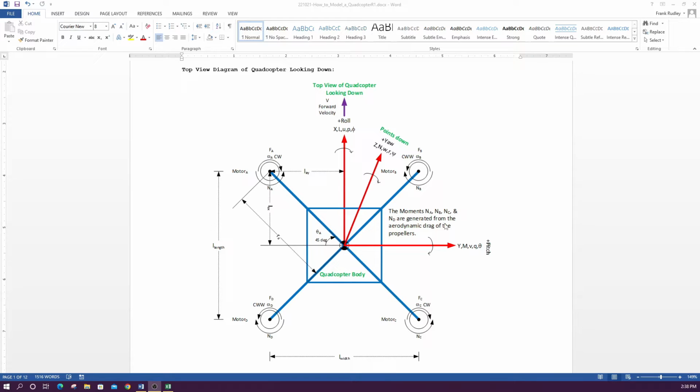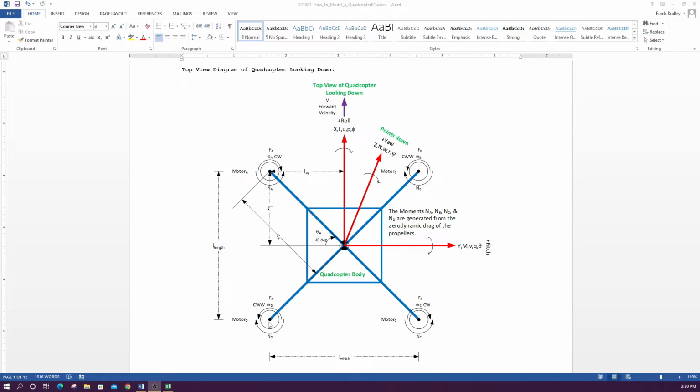So we assume that when we're commanding, basically the average, the sum of all these RPMs is a constant. So what happens if you want to pitch down, we turn these motors up, and these motors down.